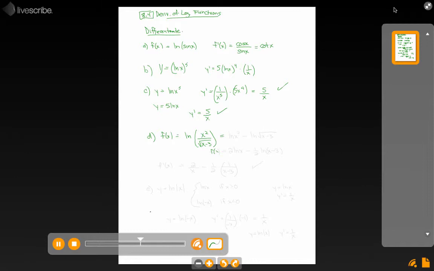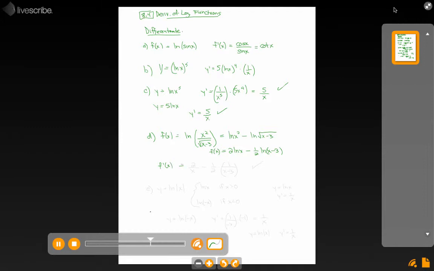If you instead start to simplify this thing by saying, okay, well, if you have a division, it's the same thing as having subtraction of two separate logs. If you have powers inside a log, you can say this is 2 ln x, and this one you could even say this is half ln of x minus 3. What you find is that your function breaks down into much simpler parts to differentiate.